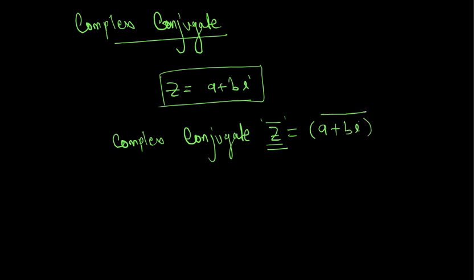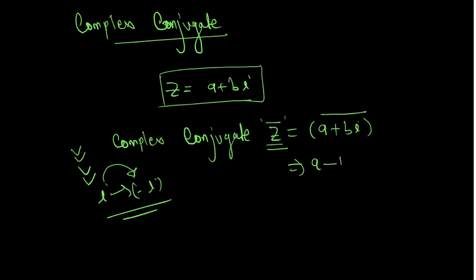So this bar will change i to minus i. Any magnitude will not change, any numbers will not change. Only i will be changed to minus i. So it will become a minus bi. So this is the complex conjugate of the complex number z. Okay, so this is complex conjugate.